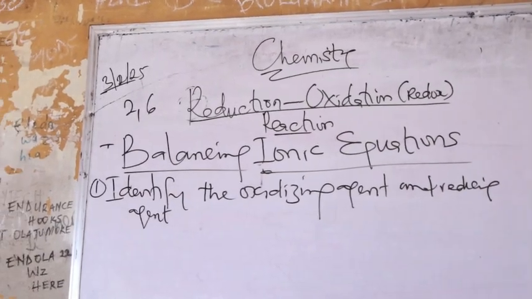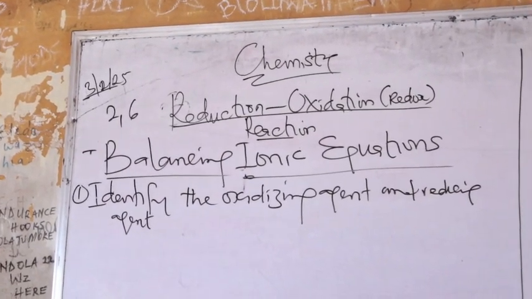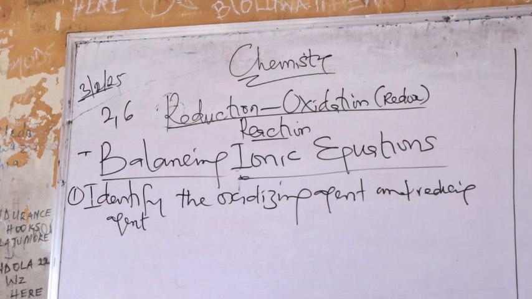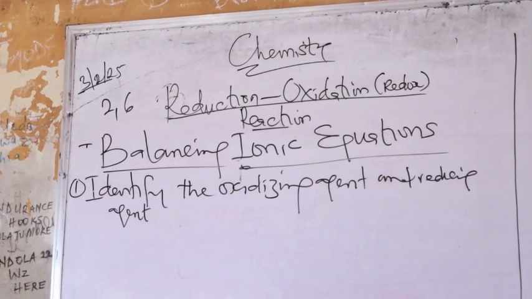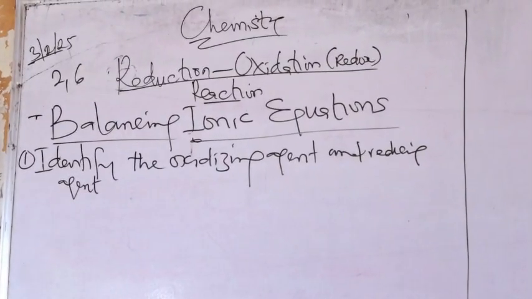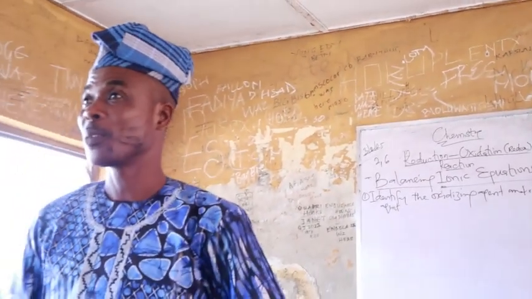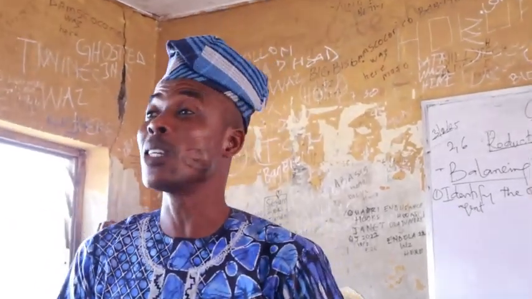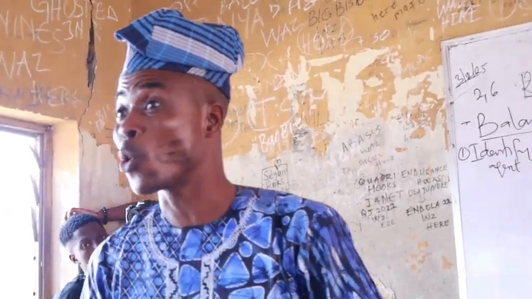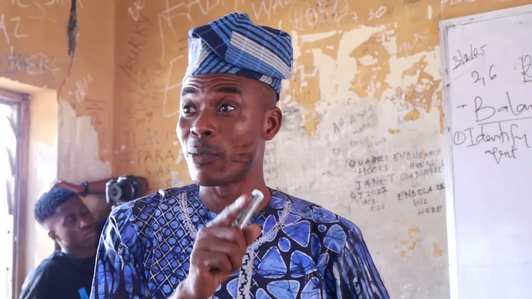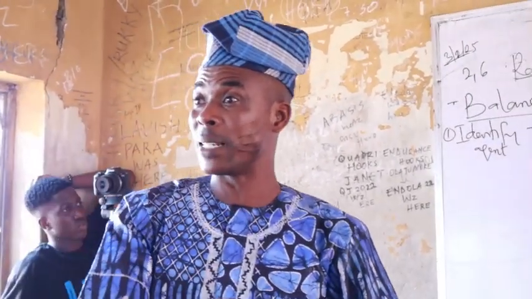Then how do we identify oxidizing agent or reducing agent? Of course, we said oxidizing agent gains electron, reducing agent loses electron. You cannot see how the electron will be lost, because the equation will not tell you that electron is given to this or electron is accepted by this.